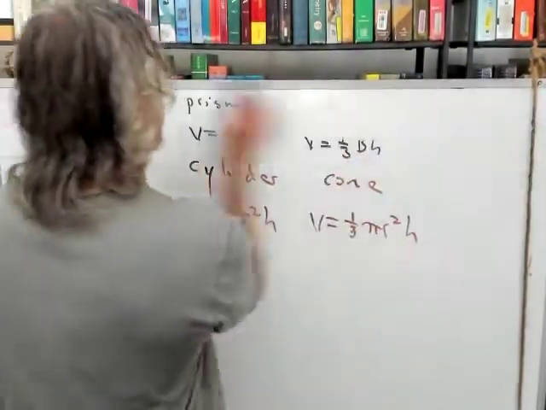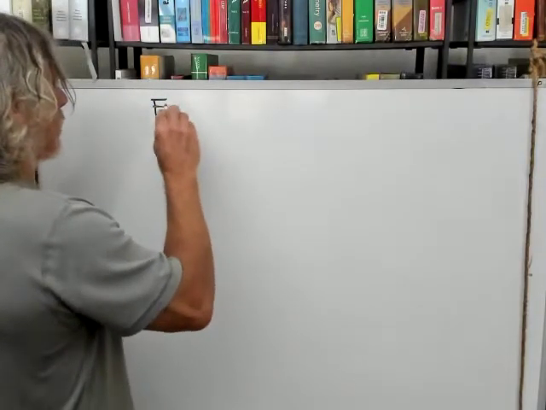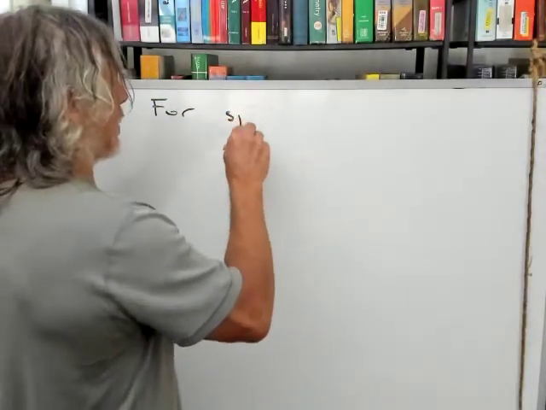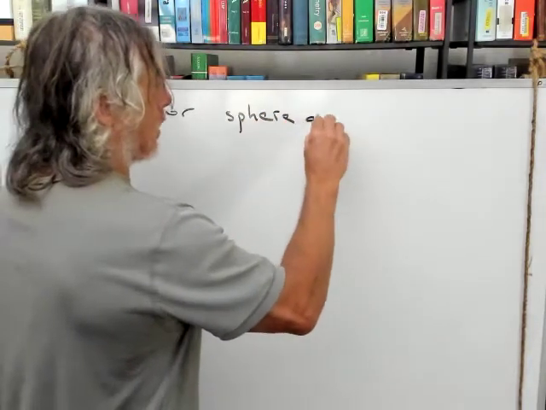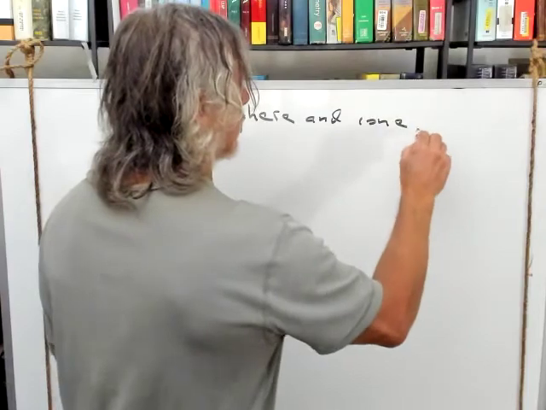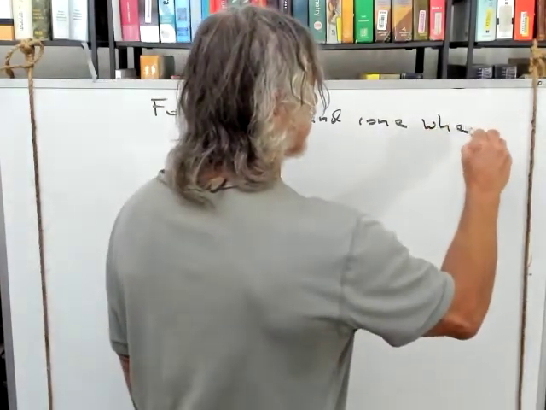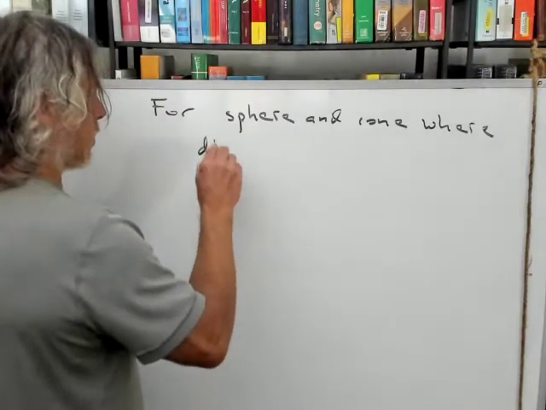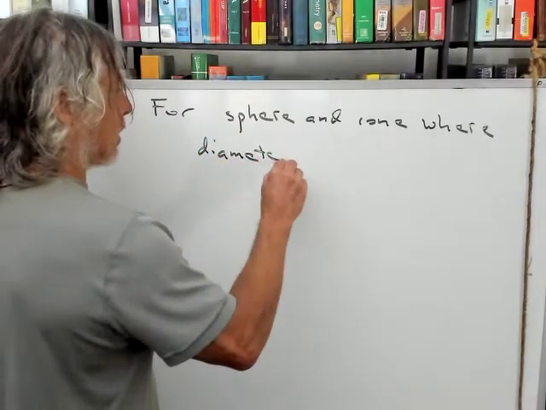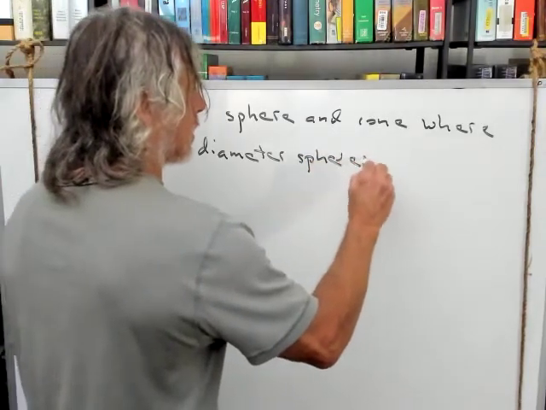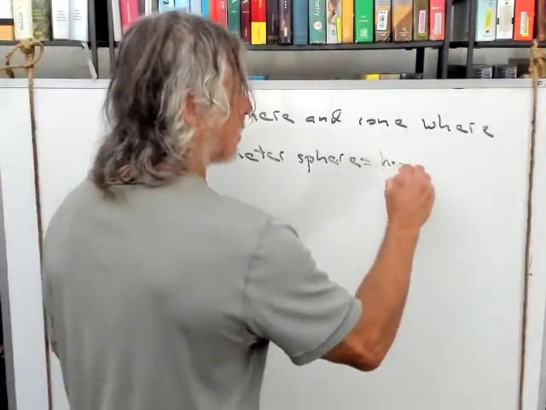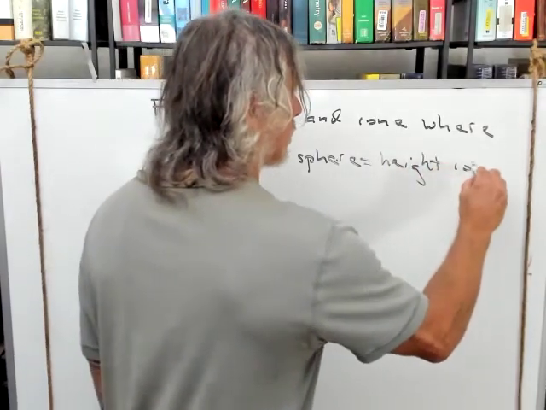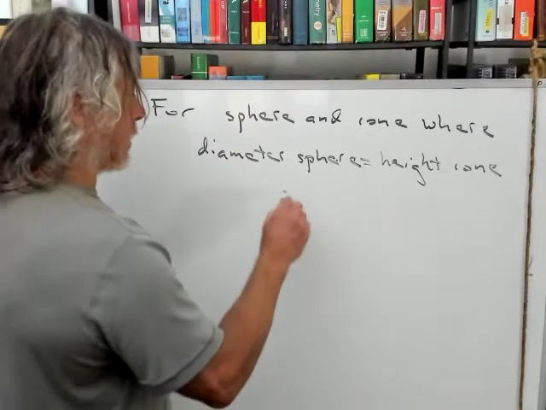So we got, for sphere and cone, where diameter of sphere equals height of cone, and radius equals radius.